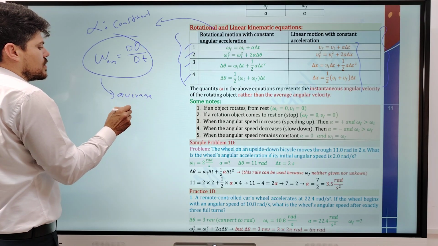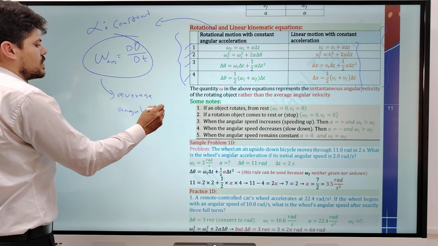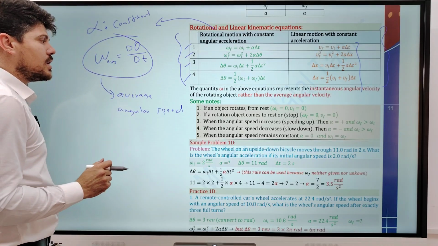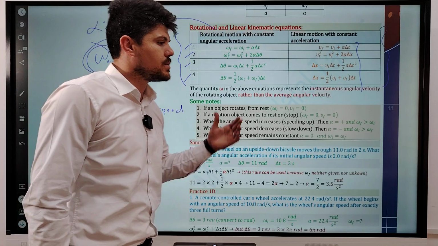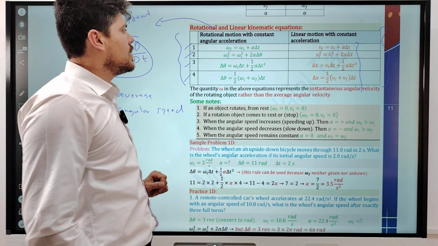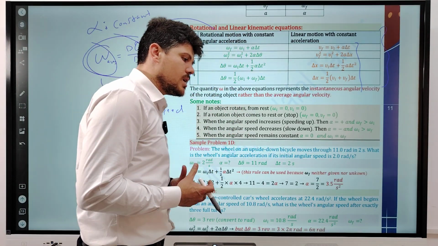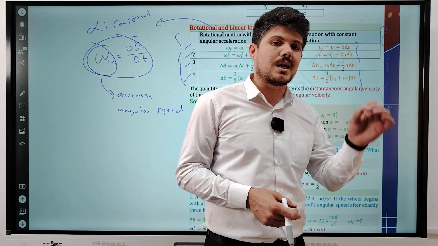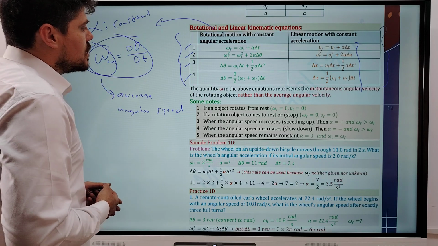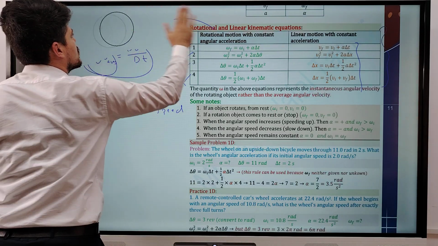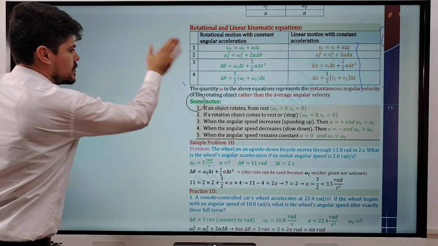Average angular speed. Okay, so what is the difference between the average angular speed and the angular speed in this equation? In these equations, the angular speed represents the instantaneous angular speed at constant angular acceleration. But in that case, it's not necessary that angular acceleration be constant. Okay, this changes.